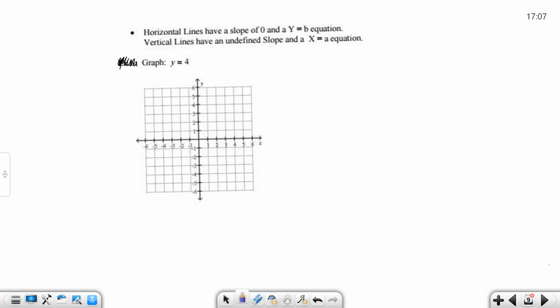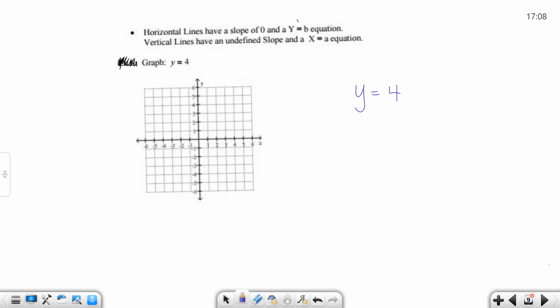In this particular problem, I ask you to graph y equals 4. At first glance, I want you to recognize that something looks funny. It's missing a letter. So if it's missing an x or a y, that lets you know that this is a special case. It's either vertical, which is straight up and down, or it's horizontal, which is straight across. If it's missing a letter, it's one of those special cases.